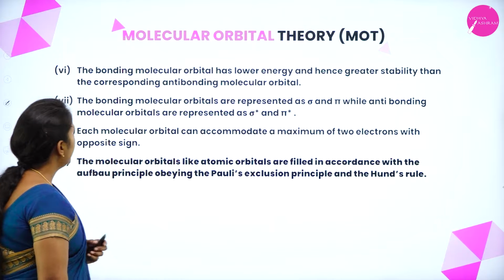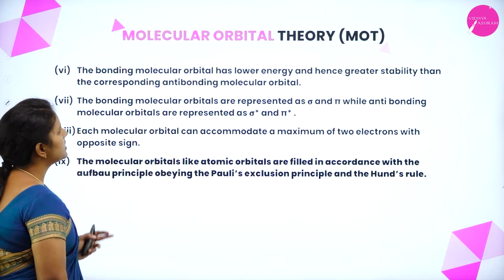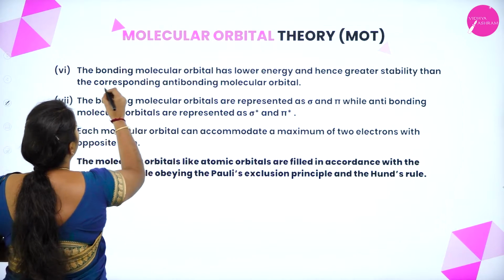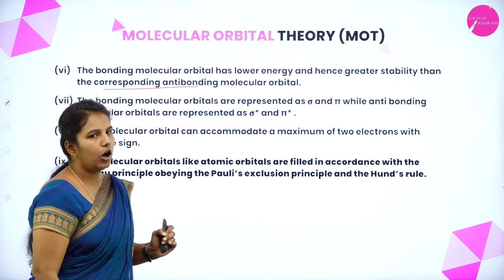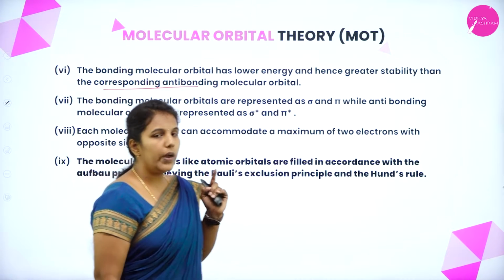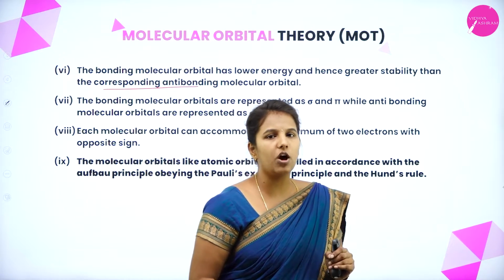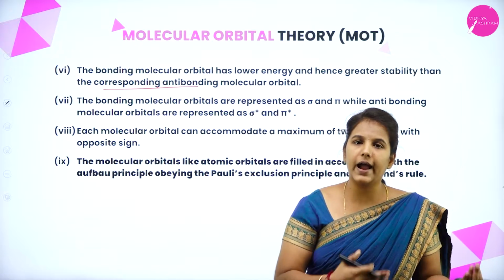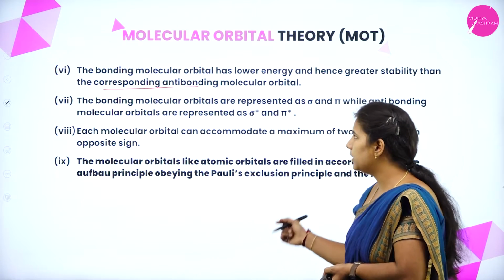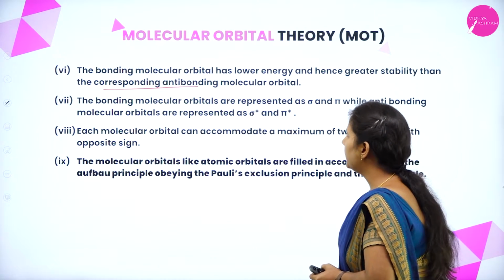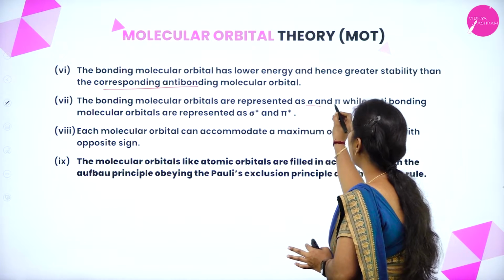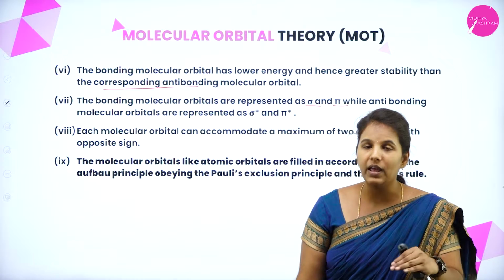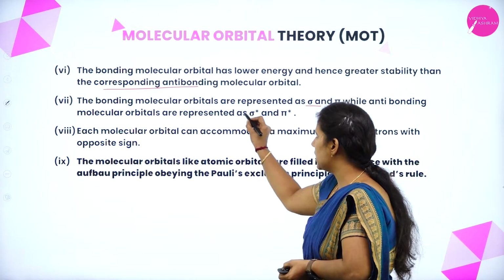Next, bonding molecular orbitals have lower energy, hence greater stability than the corresponding anti-bonding molecular orbitals. Always remember, a bonding molecular orbital is always more stable compared with an anti-bonding molecular orbital. Bonding molecular orbitals are represented with sigma and pi, whereas anti-bonding molecular orbitals are represented by sigma star and pi star.